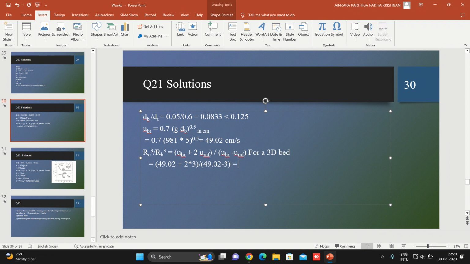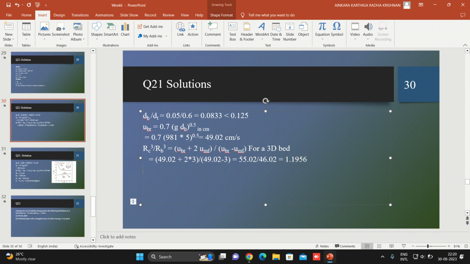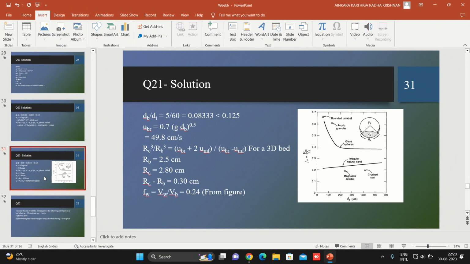What does it give? 55.02 divided by 46.02, which gives us 1.1956. So RC cube by RB cube is equal to 1.1956.